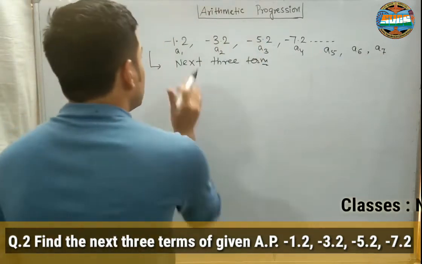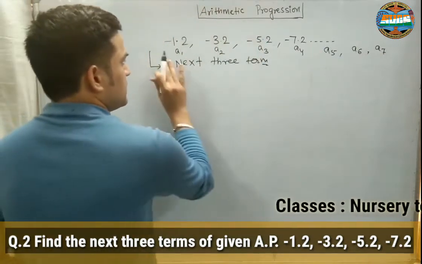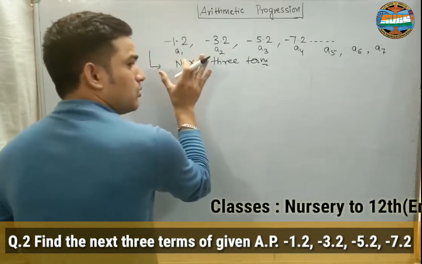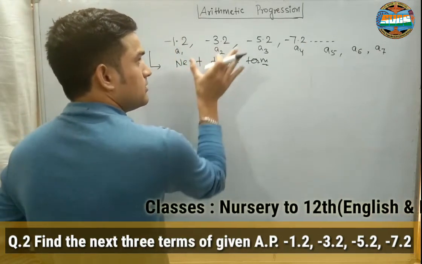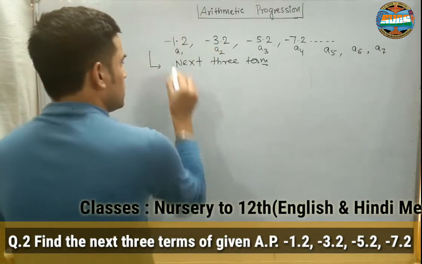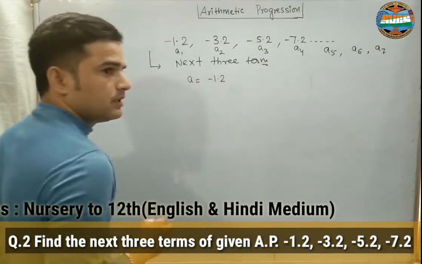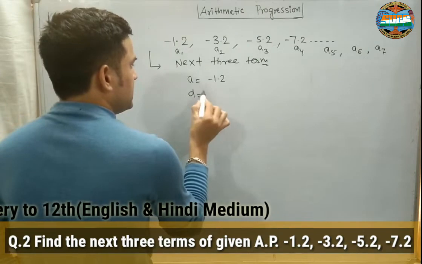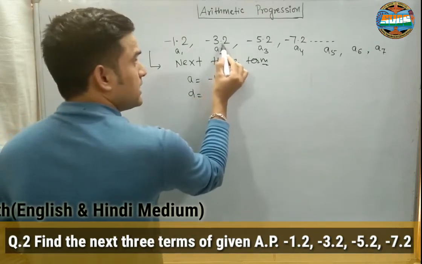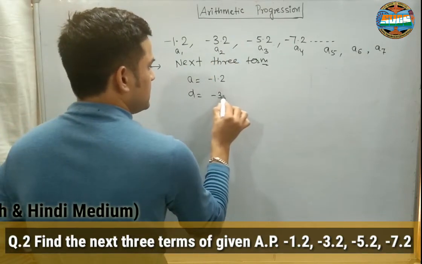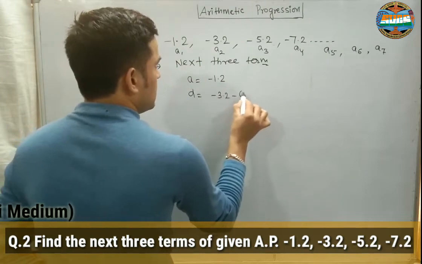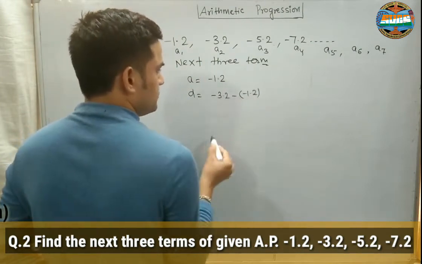Okay, first term of AP, this is AP. According to the question given, this is an AP. So the first term A is 1.2. We find D by subtracting the first term from the second: -1.2 minus 1.2.